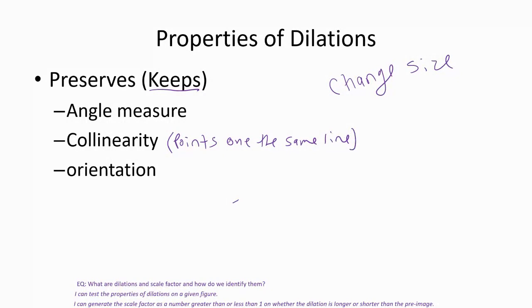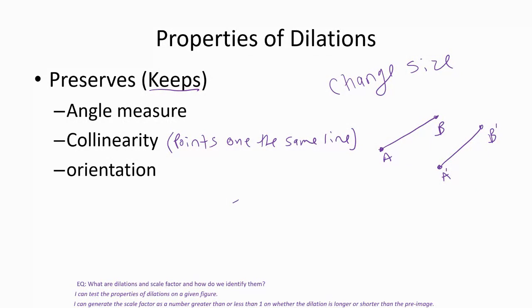So if we have a figure and we have A and B on the same line or segment, then when we do our dilation, A prime and B prime have to be on that same line.